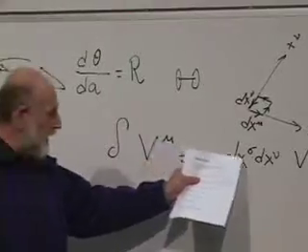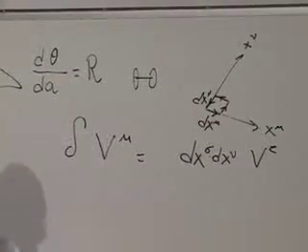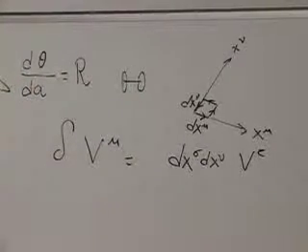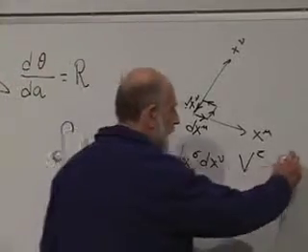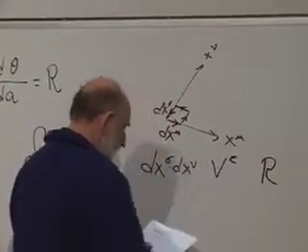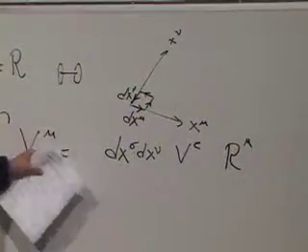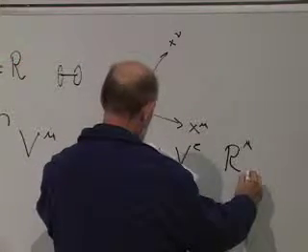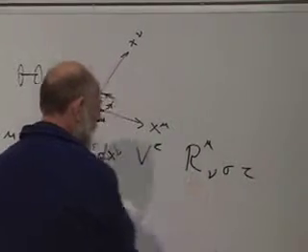So let's see if we can build a formula. We have 3 indices downstairs on the right-hand side, and 1 index upstairs on the left-hand side. The only thing we can have here is some tensor which has an upper index mu to match the index here, a nu and a sigma and a tau.